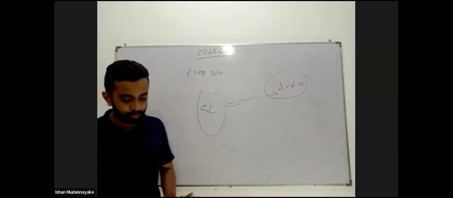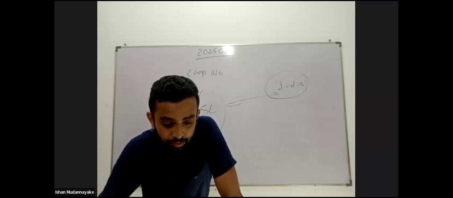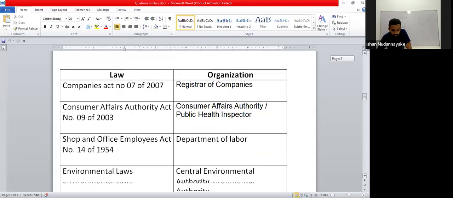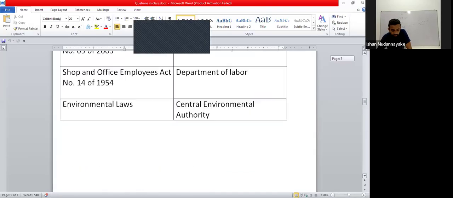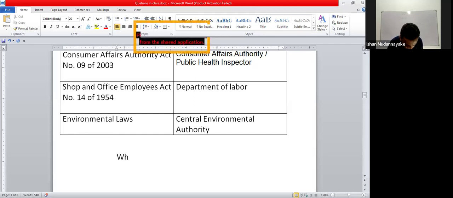Right. Now I go to page number 19 of it. At first, write down question number 8. Question I write down like this: What is globalization?